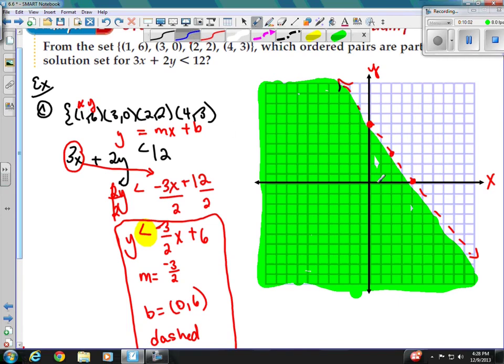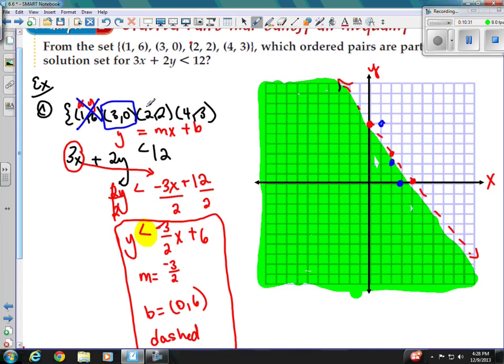So (1, 6). So right 1, up 6. 1, 2, 3, 4, 5, 6. Is that in the green region? No, it's not. So that's not a solution. So then we try (3, 0). So start at 0 and then go right 3 and then 0 so we don't go up or down at all. And that is in the green region, so it is a solution. Then (2, 2), so right 2, up 2.